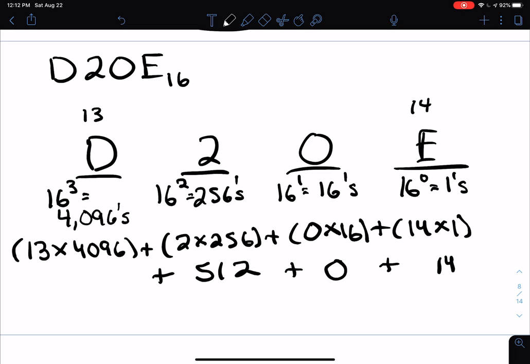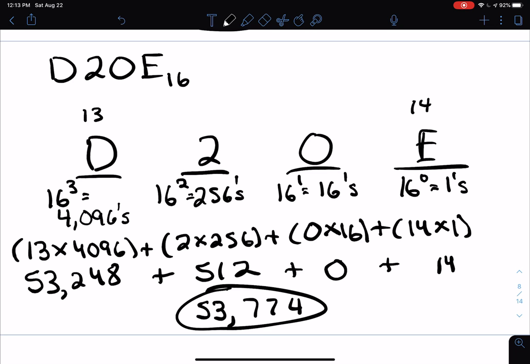I get 53,248. Okay, then I'm going to add them up, and I get 53,774. So that was my number in base 10.